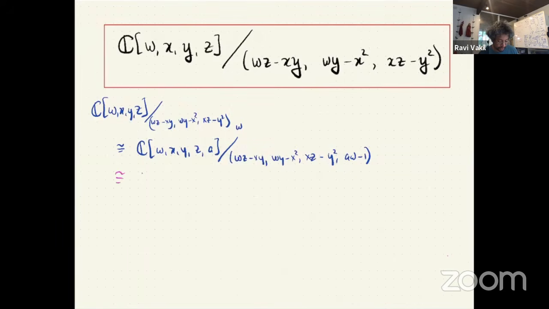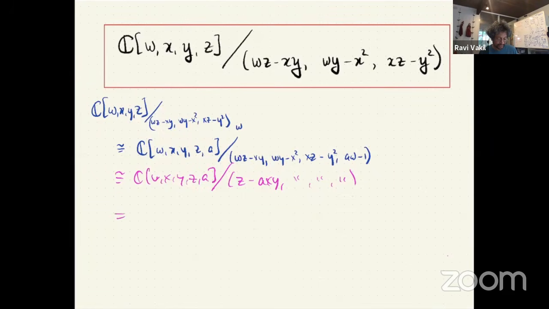The first trick I'll do is that because W is invertible, and its inverse is A, I could just change the first thing to be Z minus AXY, and then everything else is the same. In other words, I just divide it by W, and I'm allowed to because W is a unit. But now, if I've done that, Z is just determined by all the rest.